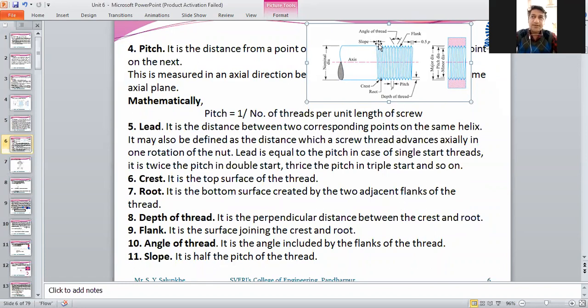Half the pitch you are going to call the slope provided on the thread. As per the standards of the threads, that is British standard or Indian standard, the slope may change. Any question? Let me know if you are having any question related to these slides. If not, we'll go to the next slide.